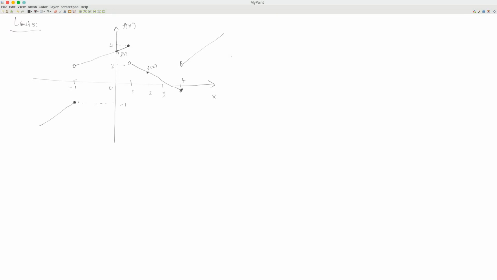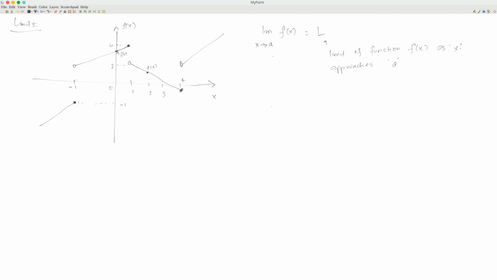Now, we typically write the limit of the function as the limit as x approaches some number a, you get a value L. That L is the limit of function f of x as x approaches a. Now, if you have a point, you can approach the point from two sides.